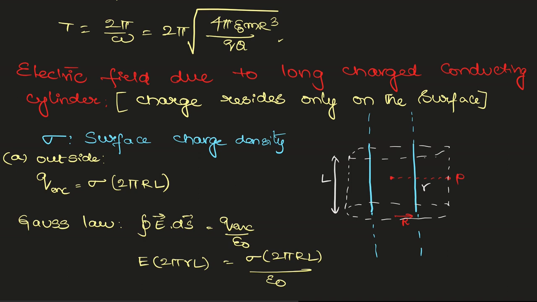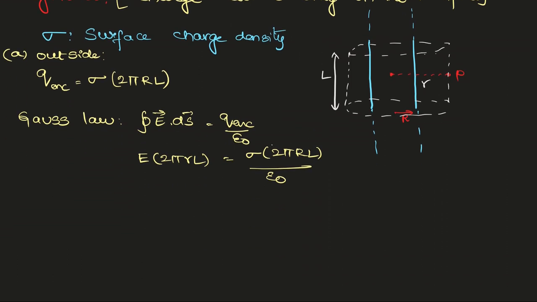So here we can cancel 2 pi L. So we'll get electric field at any point outside as sigma R by r epsilon naught.